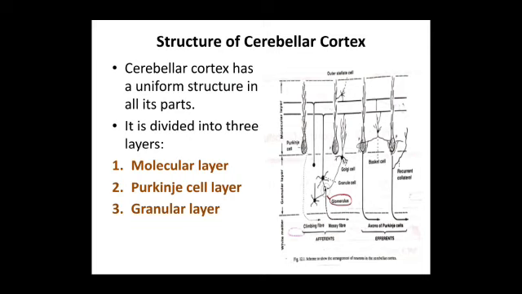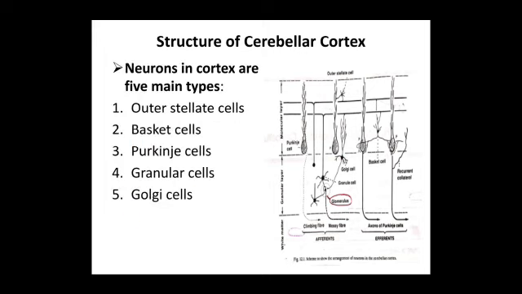Coming to the structure of the cerebellar cortex, the cerebellar cortex has a uniform structure in all its parts. It is divided into three layers: molecular layer, Purkinje cell layer, and granular layer. The neurons in the cortex are of five main types. In the outer layer we have the stellate cells and basket cells.